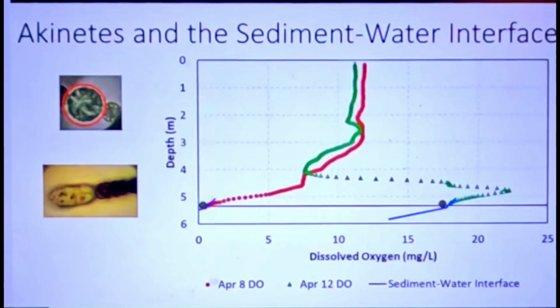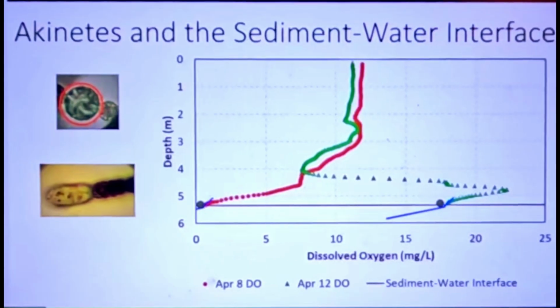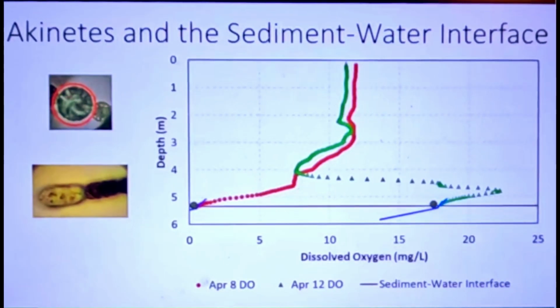So, if that actinide is sitting on the sediment where I have 1 or 2 milligrams per liter, just barely touching that threshold, it has the ability to potentially be in contact with a phosphorus source and an ammonia source. If we push our oxygen higher and that actinide sits on the sediment, it is so far out of range of that anoxic boundary that it can never get to its perfect conditions to grow.